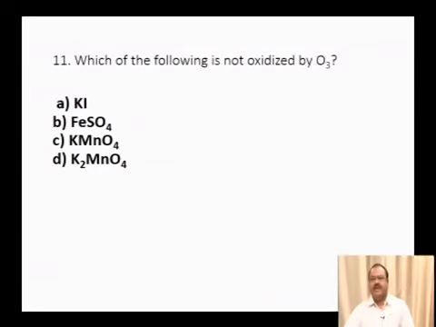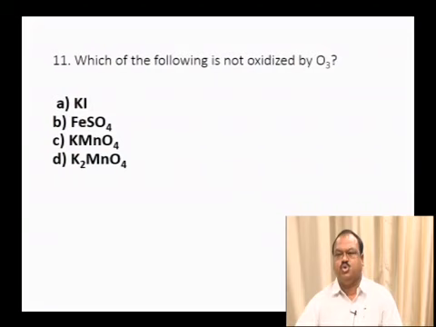Which of the following is not oxidized by ozone? Options are potassium iodide, ferrous sulfate, potassium permanganate, potassium manganate. Among the options, in case of potassium permanganate, manganese oxidation state is +7.